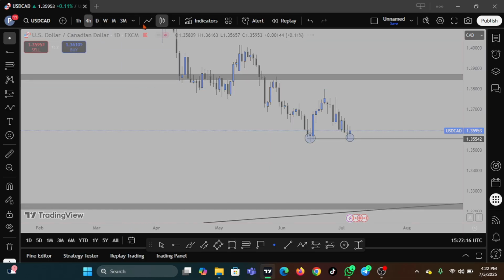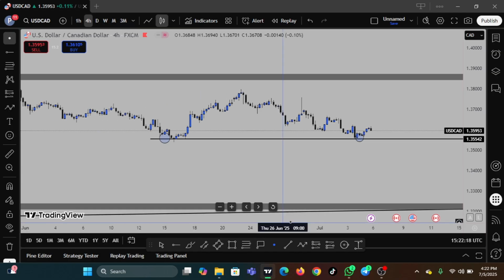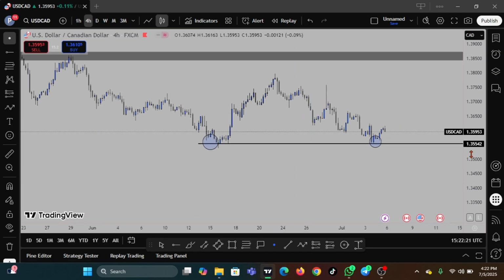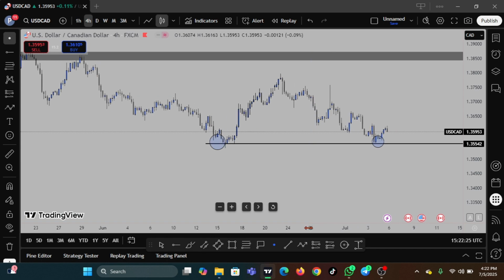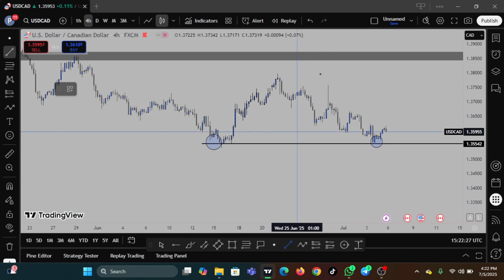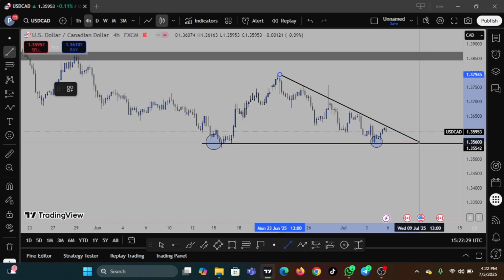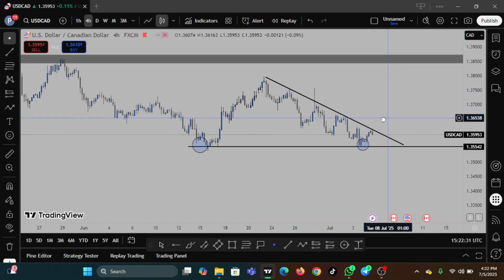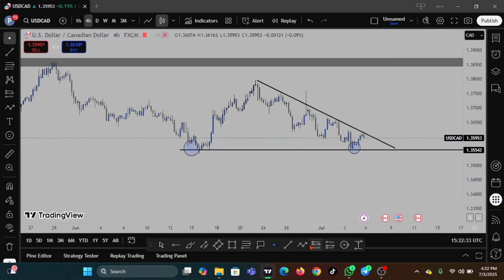Buyers may step in to push the market up for a retracement, or alternatively, if price keeps pushing downward, then we are still going down. Note, before we take a buy, we want to see a trend break. This trend line should break to the upside, retest, then we can say we want to take a buy movement to the upside.